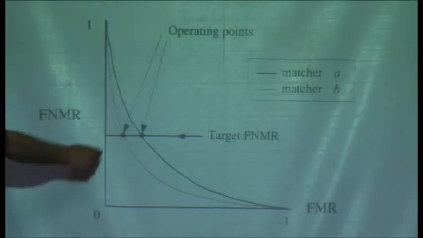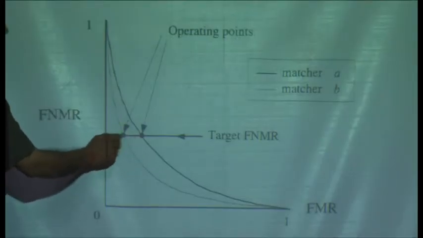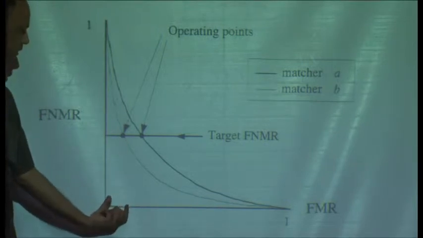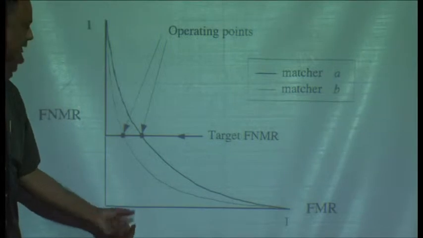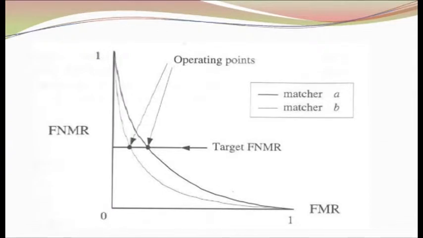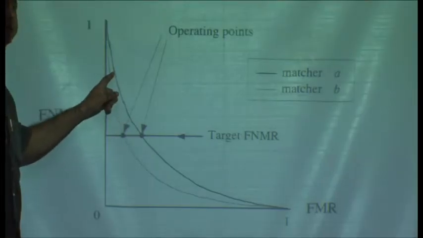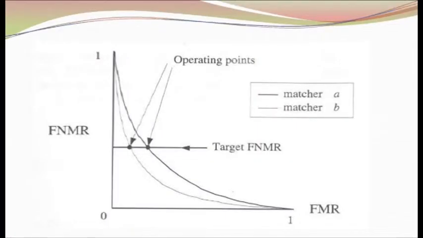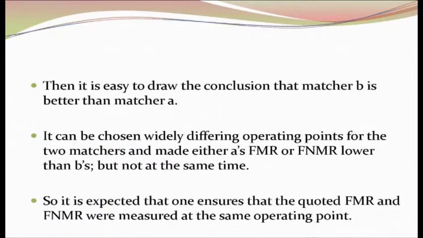For this case, if I consider the same FNMR, then for matcher B the FMR is less; this is the FMR for matcher B and this is the FMR for matcher A. So you can straightforwardly say matcher B is better than matcher A, right. For any operating point or any threshold value, every point you will find that matcher B is better than matcher A, and you can draw the conclusion.